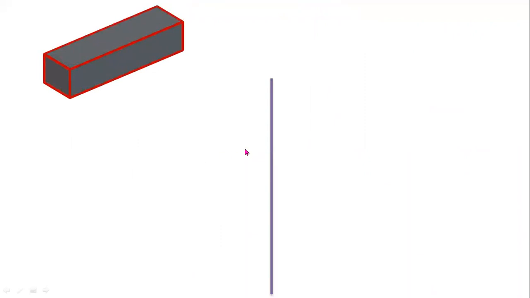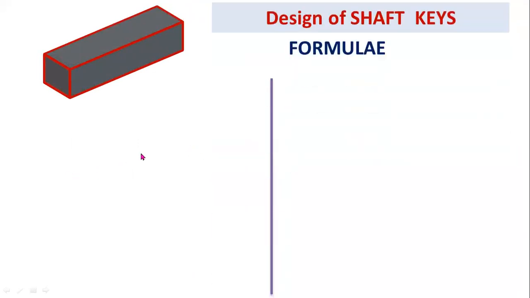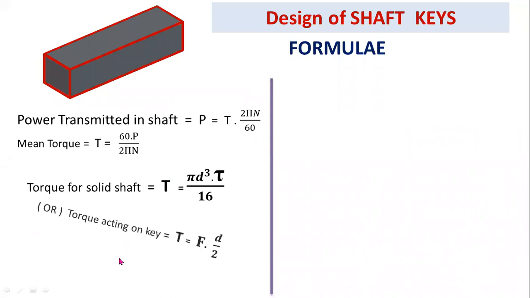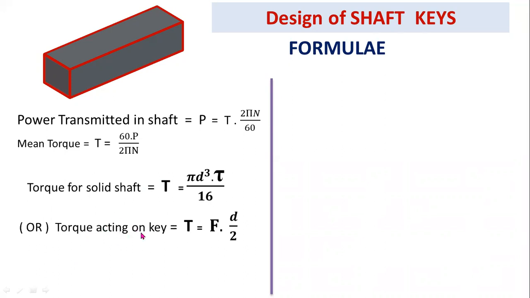Now these are the important formulas for design of sunk key. After getting the mean torque, you have to use that mean torque for design of key. Here, this is the formula for torque transmitted by the key on the shaft material.